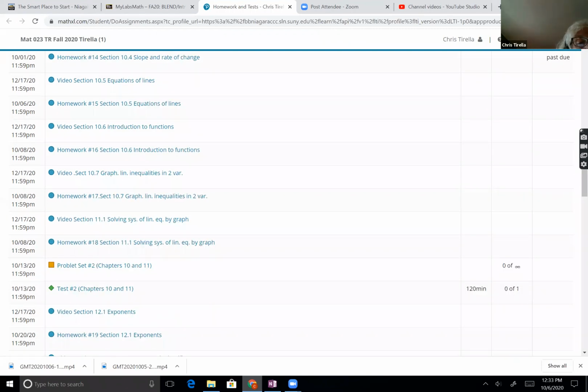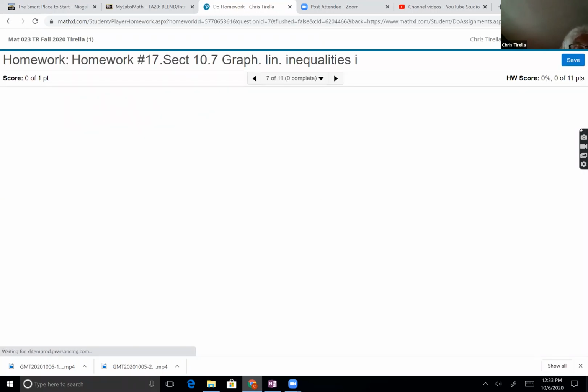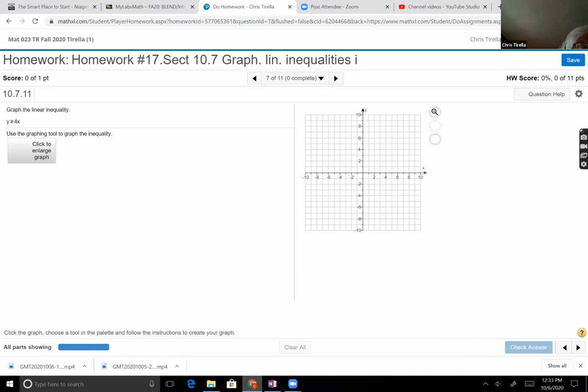Number 17, graphing linear inequalities in 2 variables. I'm just going to pick a random question. Hopefully this is a good one. Oh, this is real similar to the one we just did.